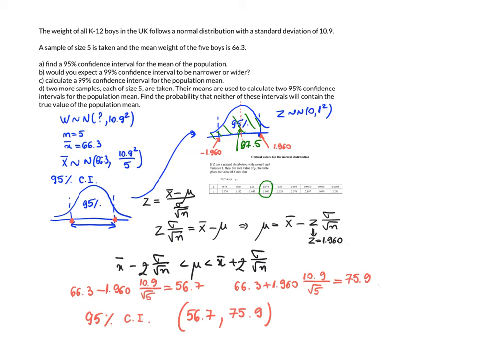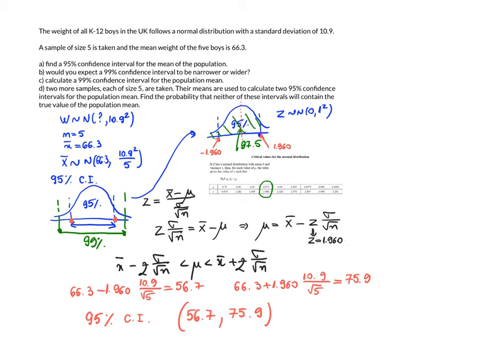Would you expect a 99% confidence interval to be narrower or wider? Just pause a bit and think about it. Look at our diagram. A 99% confidence interval will be from here to here, so of course it will be wider. I'm not going to calculate a 99% confidence interval for the population mean. You can do it.